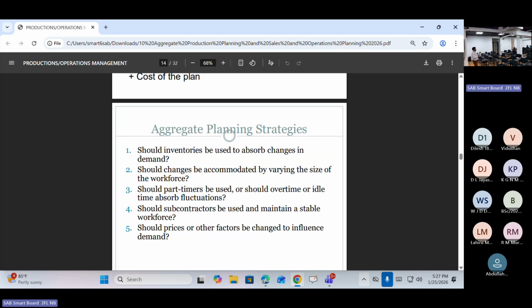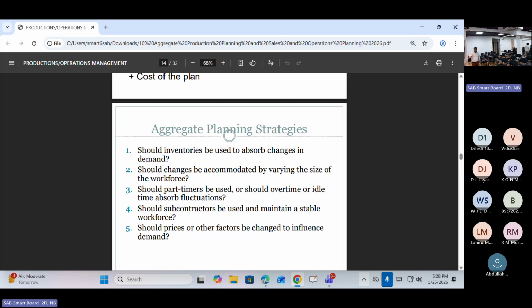When demand is low, you may reduce the part-timers, or maybe existing staff will be working shorter than the normal time. Maybe 8 hours is the normal time, but when the demand is low, they might be working for only 6 hours per day. Idle time.